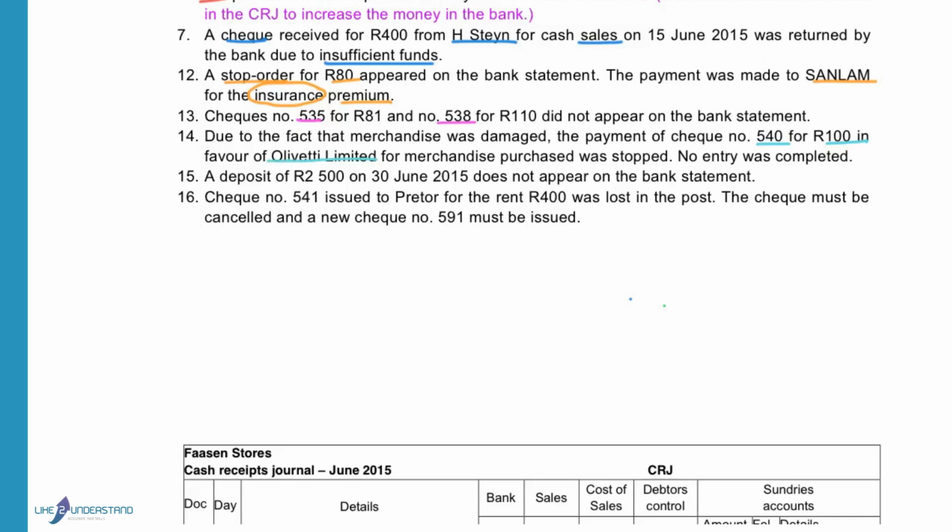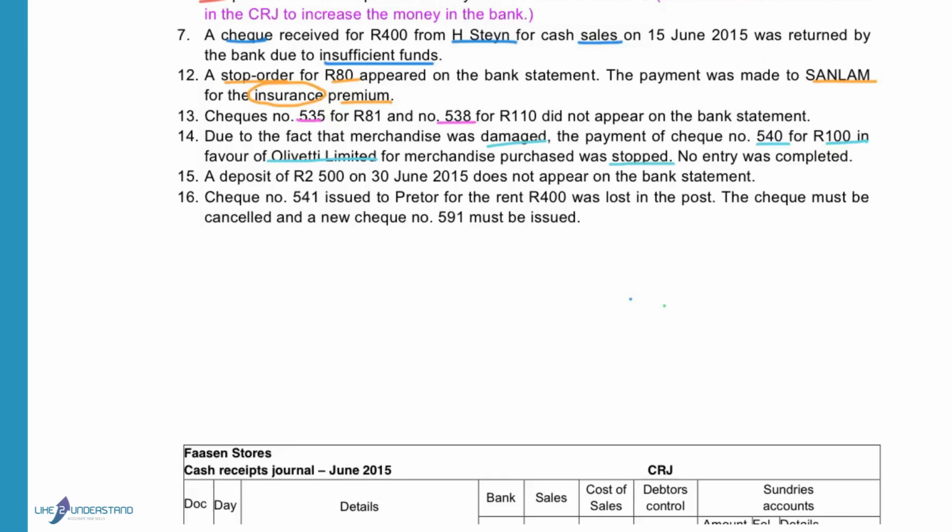So if we don't want the bank to pay out a cheque, we can fill in a form at the bank to stop this cheque. The reason can be that the cheque was lost in the post, or it can be, as in this case, where the merchandise was damaged, so we don't want to pay them. When we issued the cheque, we recorded it in the cash payments journal.